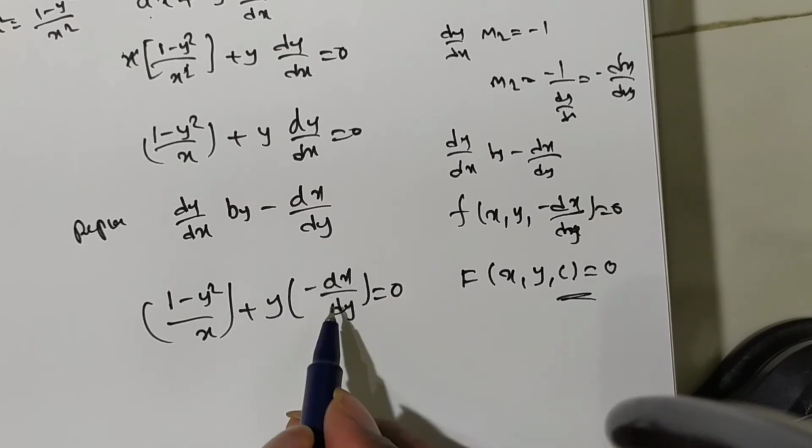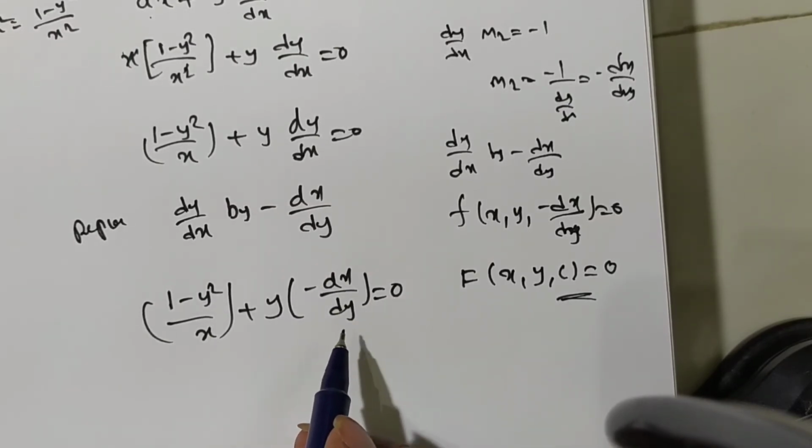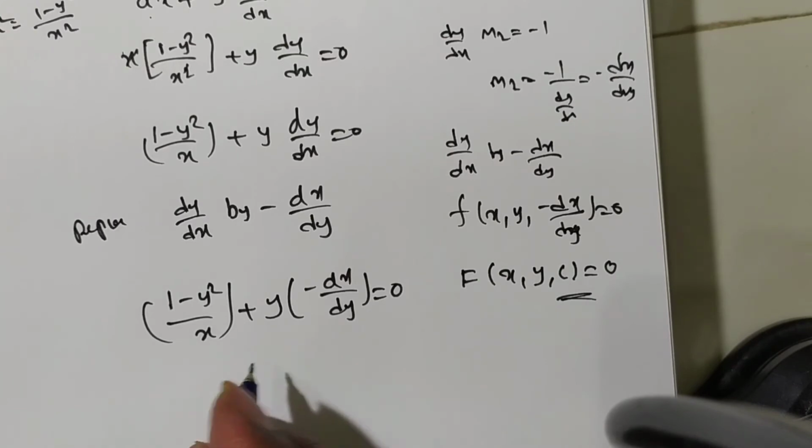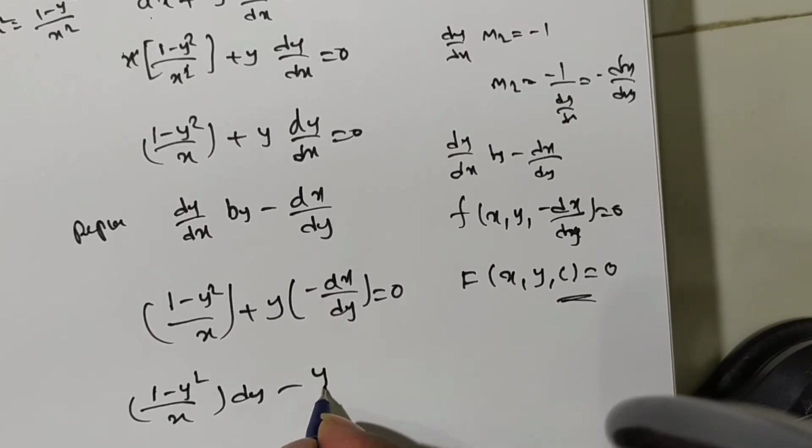Now simplify this. You see friends, this is a first order first degree differential equation. If possible, use the variable separable method. In this method, dx and dy should be in the numerator. So take the right side: (1 minus y²)/x times dy minus y times dx = 0.